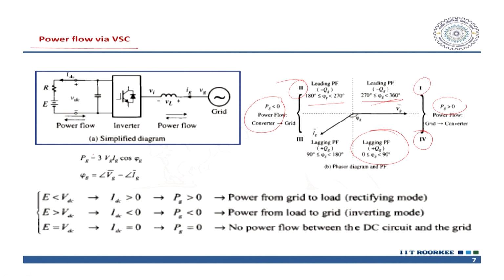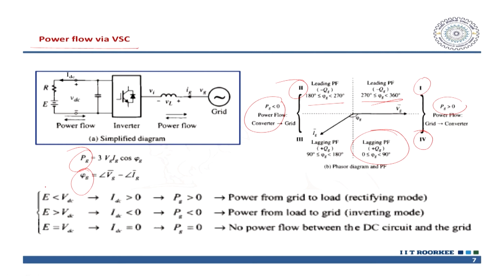So, the grid power for a 3 phase system, in terms of the phase values, is 3 Vg Ig cos phi g, and cos phi g can be any value 0 to 360 degrees, where phi is the phase angle between the Vg and the Ig.